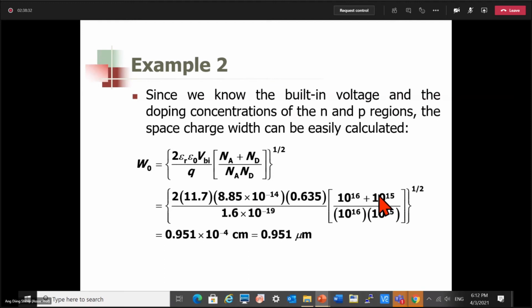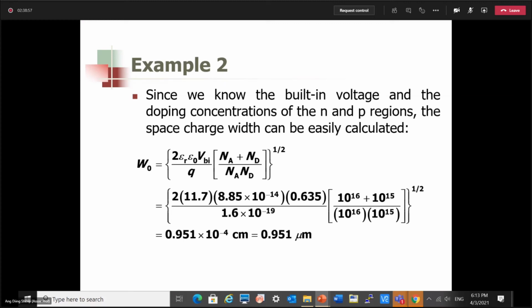After some calculation, you'll see the value for W naught is about 0.951 micrometer. Take note of the order of magnitude for the total space charge width. It is on the order of micrometer. It's a very small dimension.